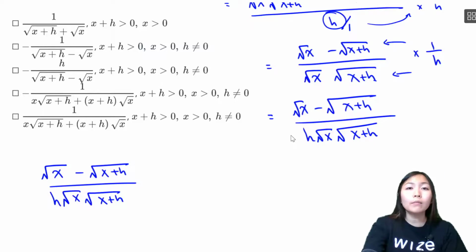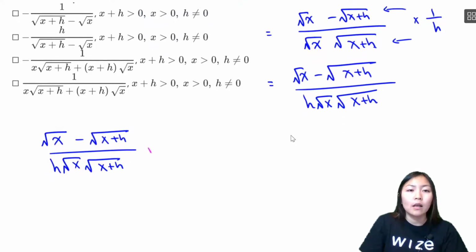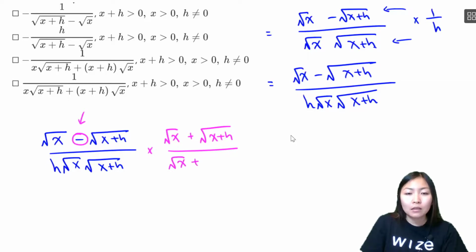I'm going to multiply by the conjugate. This time I notice that my two different radicals is in my numerator separated by a minus. So I'm going to multiply by root of x plus, flipping that sign, root of x plus h divided by root of x plus the square root of x plus h.